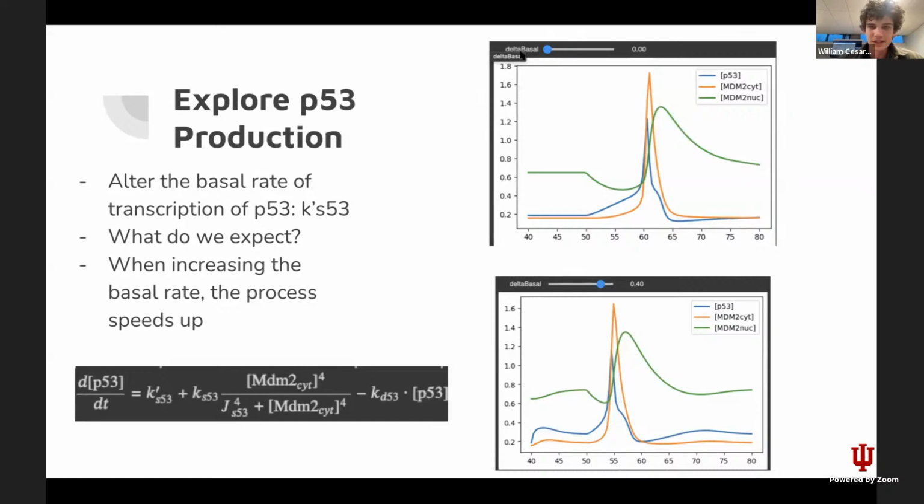When the change in basal rate is 0, we just have our normal graph. But when we increase the basal rate by 0.4 here, the graph shifts to the left. When I say the graph, I mean all of the pulse essentially shifts to the left and is over faster in time.